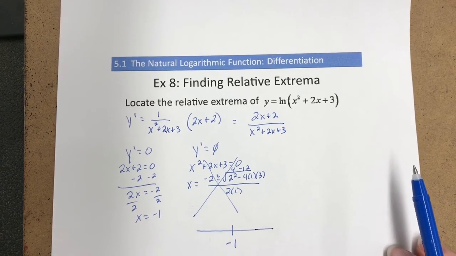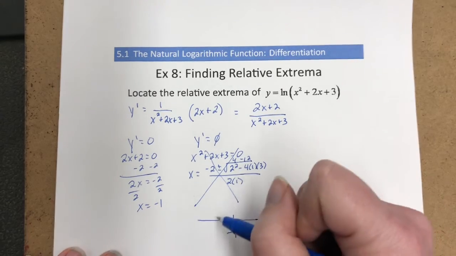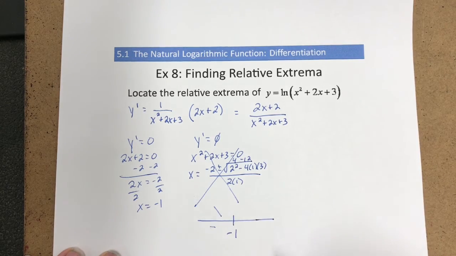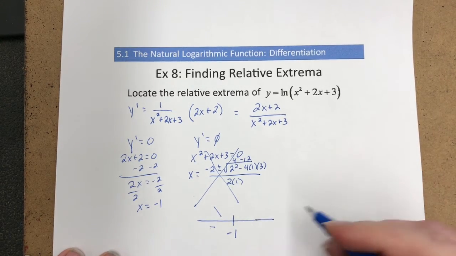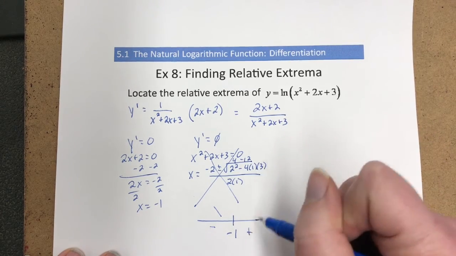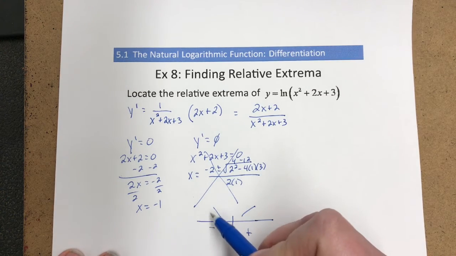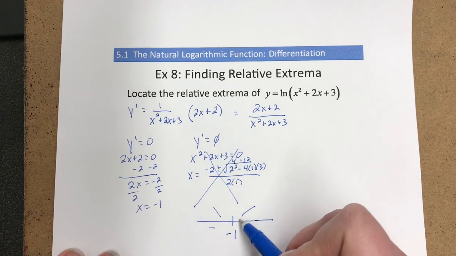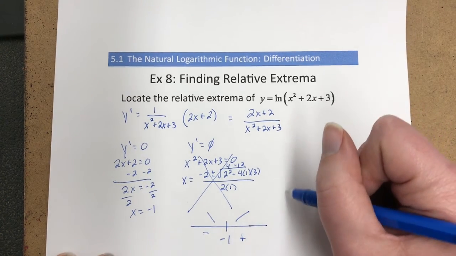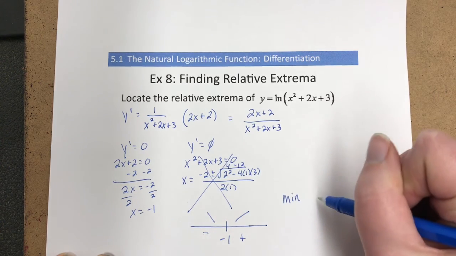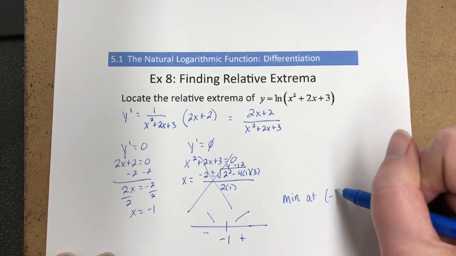And I get a negative, so it would be decreasing. And then pick a number on this side of negative 1, whatever you'd like. I get a positive, so it would be increasing. So we change from decreasing to increasing, so that means my relative extrema is a minimum at negative 1.